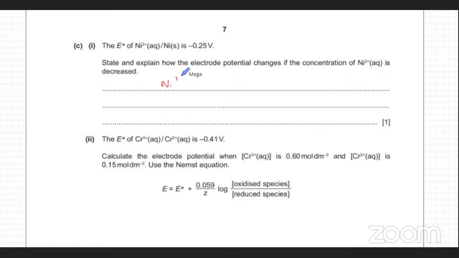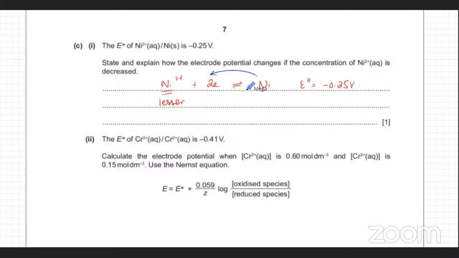It's nickel 2 plus, 2 electrons, in equilibrium with nickel, and the potential at the moment is minus 0.25 volts. So the question is, what's going to happen if nickel 2 plus ions is decreased? If this is lesser, where would the equilibrium shift? Left. Okay, so it's going to shift to the left.